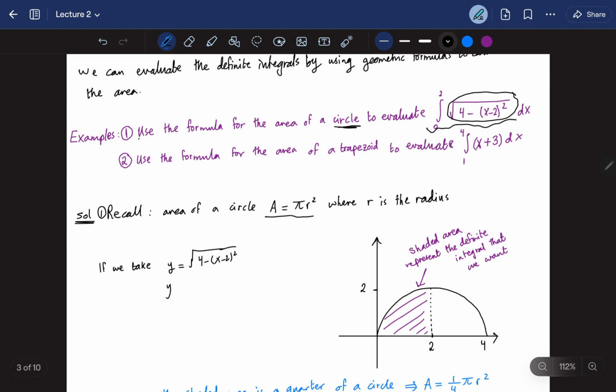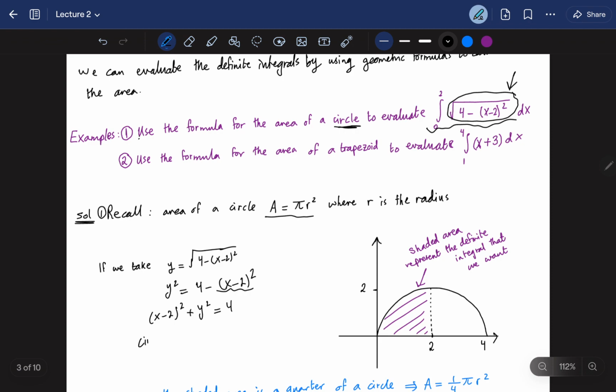If you square both sides, we're going to get y squared is equal to 4 minus this. If you move this to the other side, you're going to get (x minus 2) squared plus y squared is equal to 4. And if you notice, this is just an equation of a circle. So that's why what's inside of your integral here is just a circle.